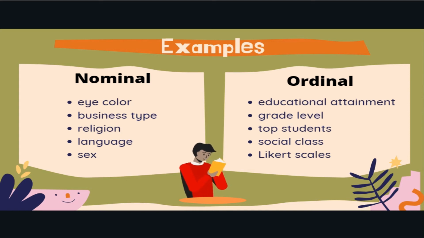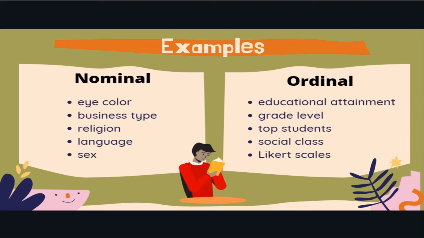For example, you used educational attainment as a variable on a survey. You might code elementary school graduate equals 1, high school graduate equals 2, college undergraduate equals 3, and college graduate equals 4. In this measure, higher number means greater education.